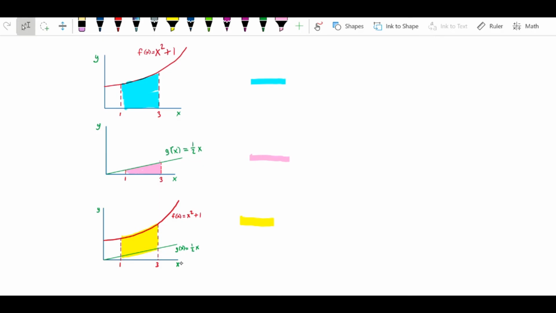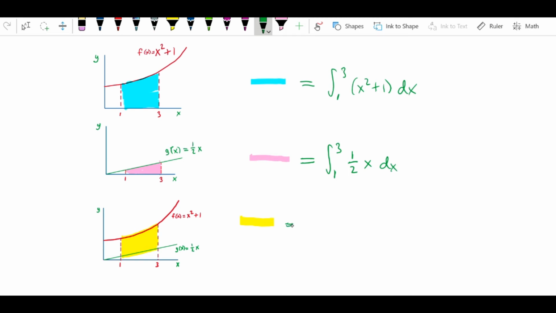So we know that the area of the blue region, the area under the top curve x squared plus 1, is equal to the integral from 1 to 3 of x squared plus 1 dx, and the area of the pink region is the integral from 1 to 3 of 1/2 x dx.